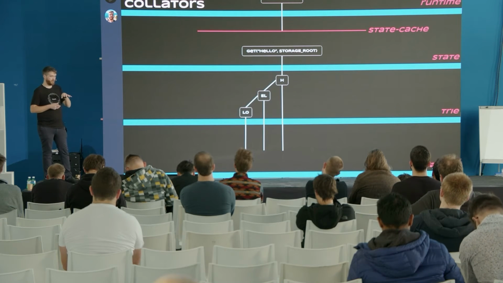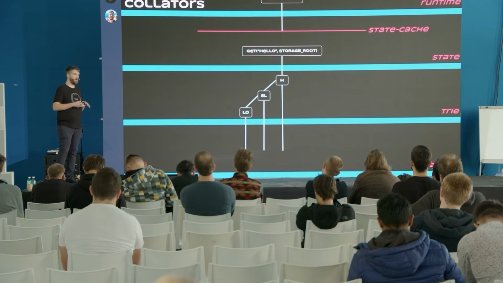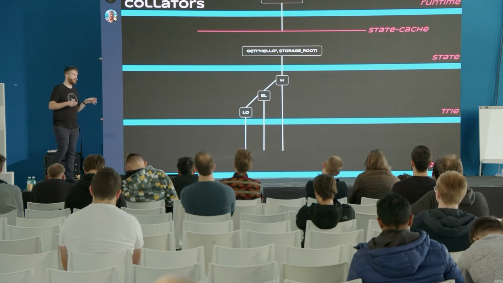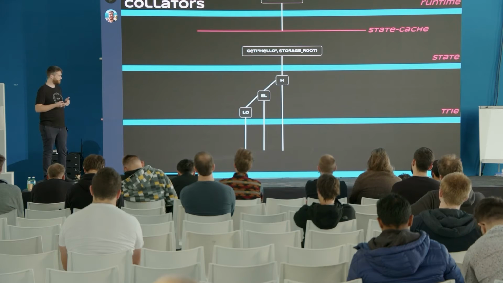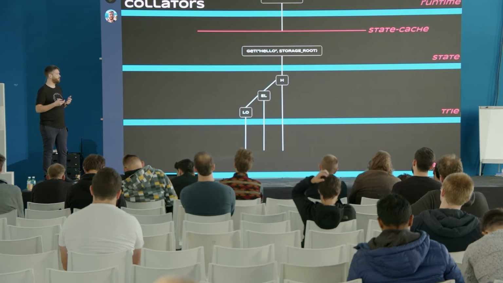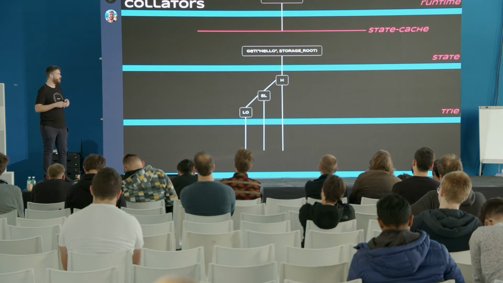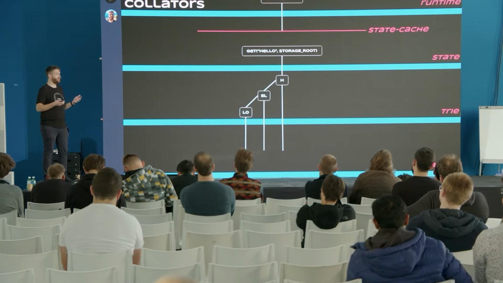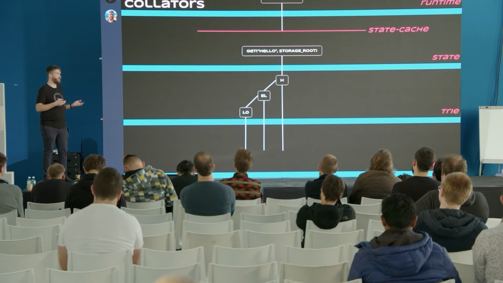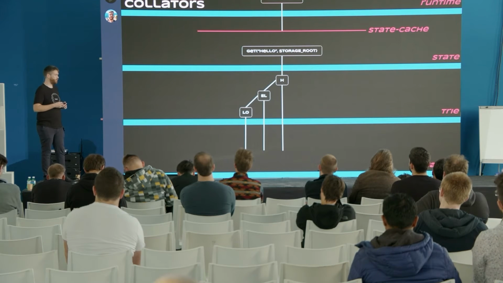Our recorder that sits on this Trie layer would never see that it needs to record the H, the EL, and the LO nodes. So that was the reason why the state cache was then always disabled for collators, which made the performance, as I said, 11 times slower than you could have gotten with the state cache.